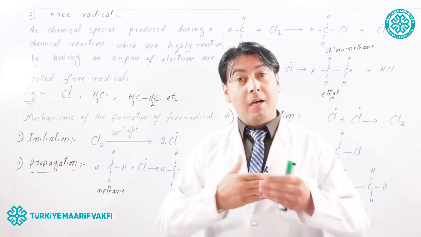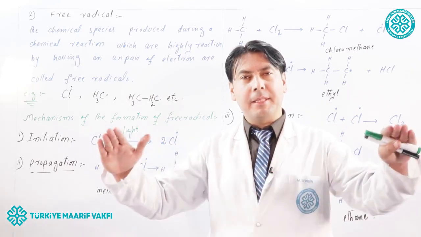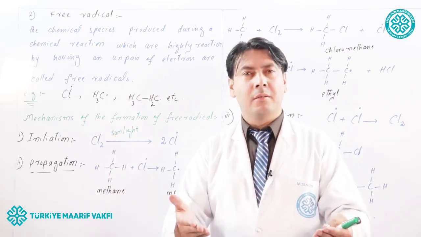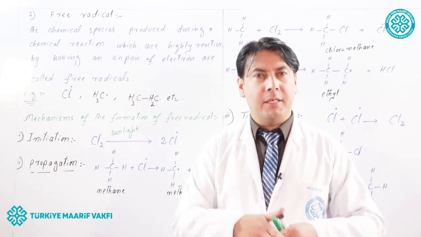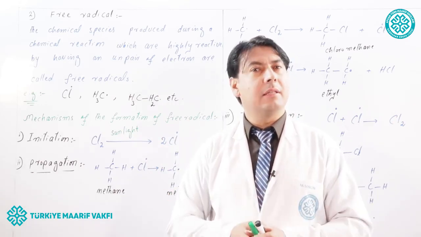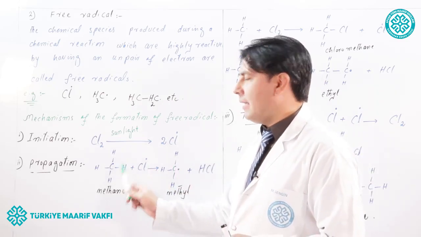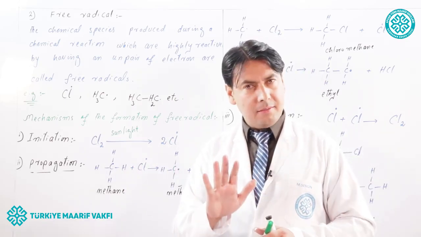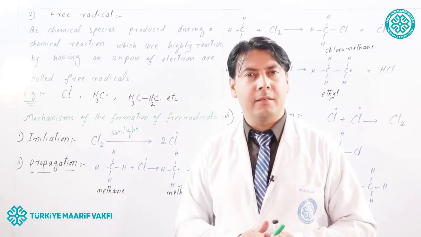Propagation. Now how can the free radical reaction be propagated? How can one free radical participate in a chemical reaction and what happens with the other stable molecules? So look here, methane is a stable molecule which cannot participate in a chemical reaction.